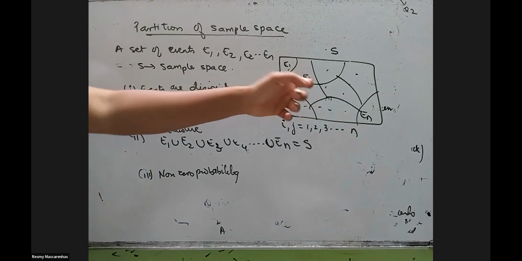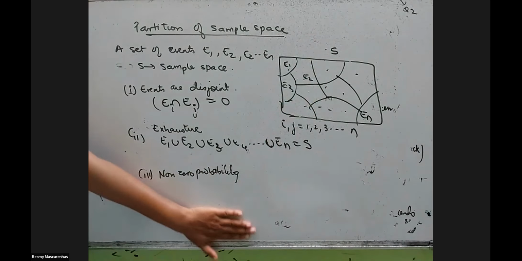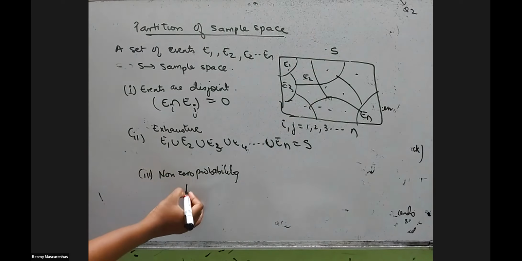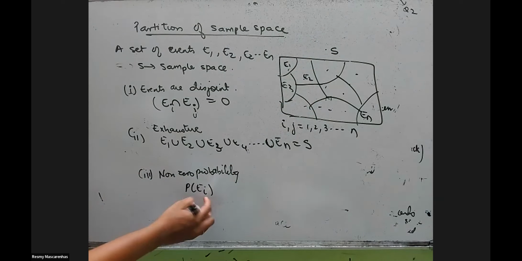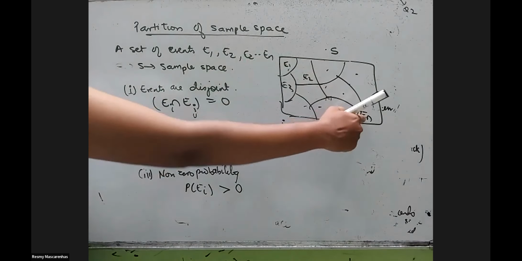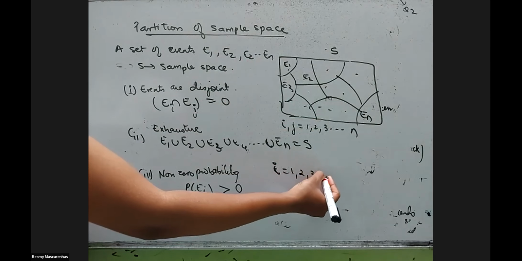Such events I cannot write. So you have to make sure these events do not have 0 probability. There should be some probability. So the probability of any event should be greater than 0, for all i from 1 till n.